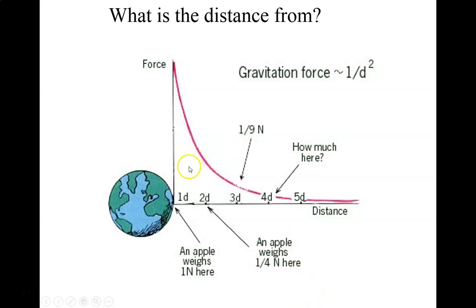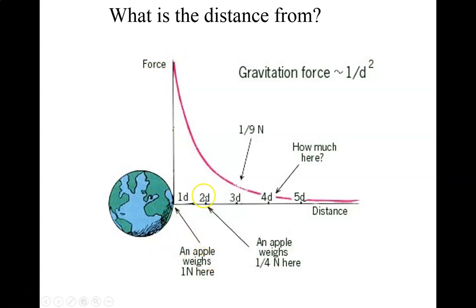So if we look at a graph of the gravitational strength as we get away from the surface of the Earth, here's a picture. We've got this amount of force if we're 1 Earth radius away. Let's say an apple weighs 1 Newton, so this force is 1 Newton here.